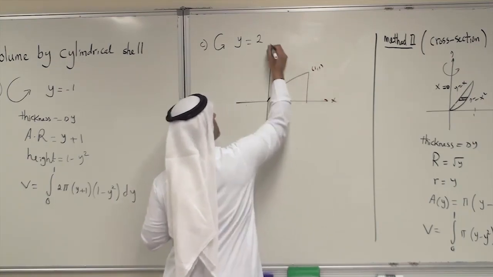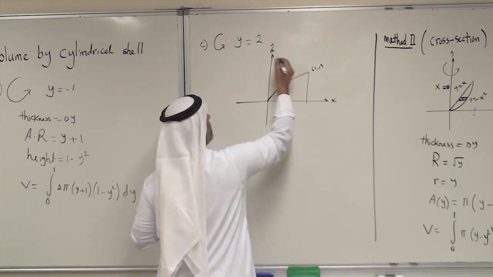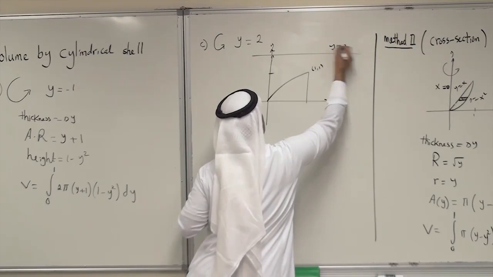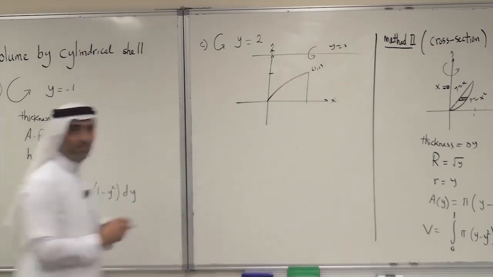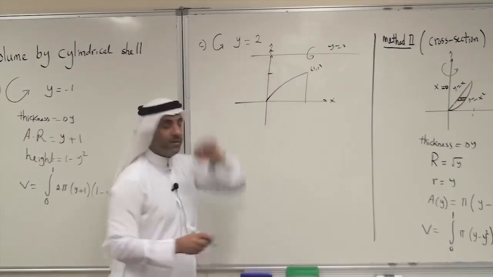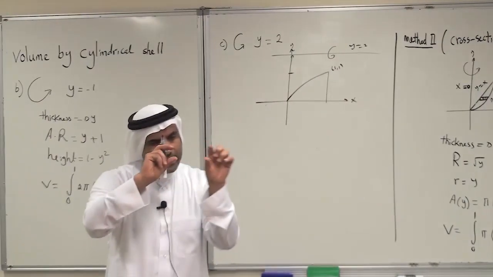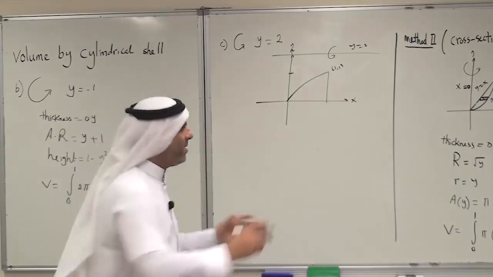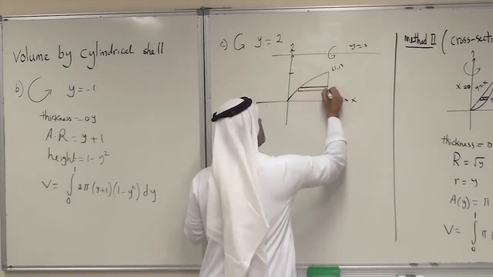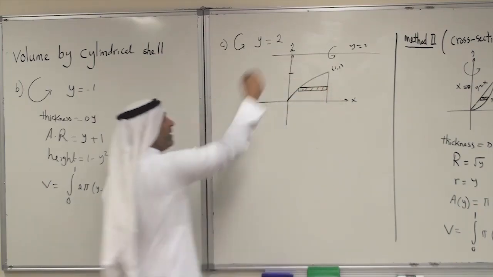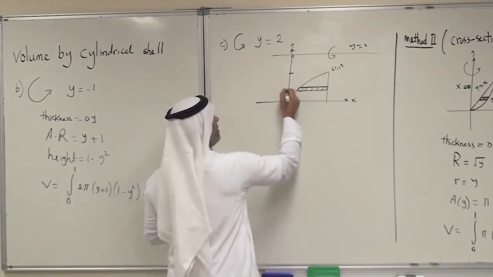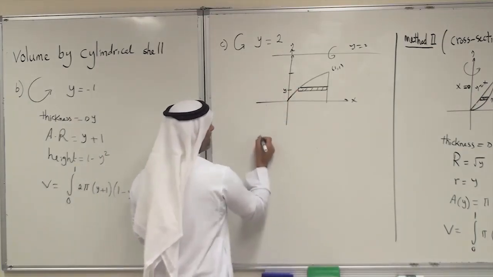This is the x-axis, this is the y-axis, and somewhere here we have y equal to 2. We are rotating around this line. Since we are rotating about a horizontal line, I need to draw my rectangle parallel to that line. If I rotate, I get a cylindrical shell. I just write y here and then think. What is the thickness?